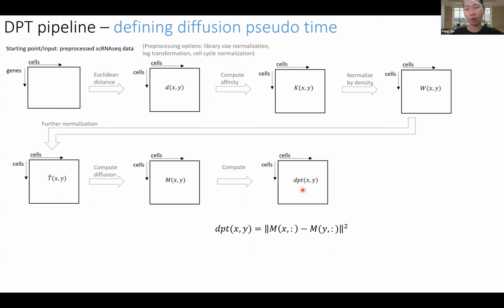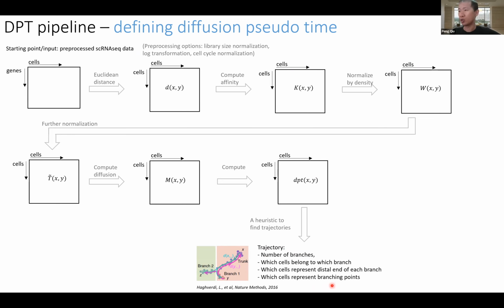All right, so once they have this geodesic distance between each pair of cells, they have a series of more computer science operations to identify, within this data set, how many branches there are, which cells belong to which branch, and how cells are ordered along each branch.